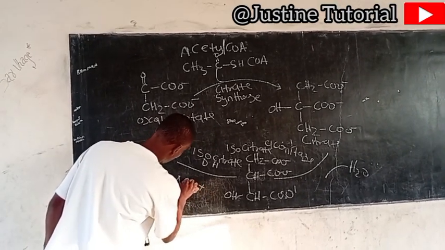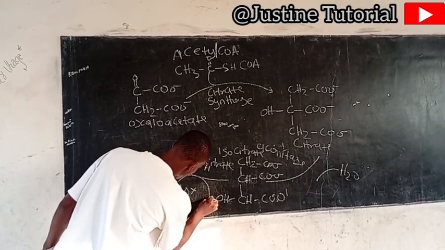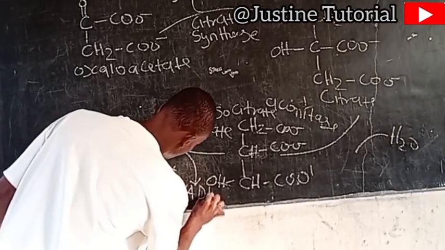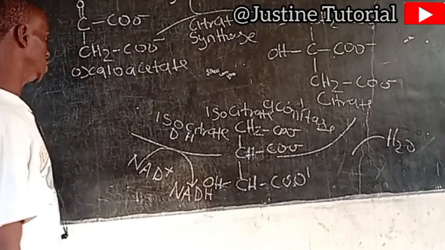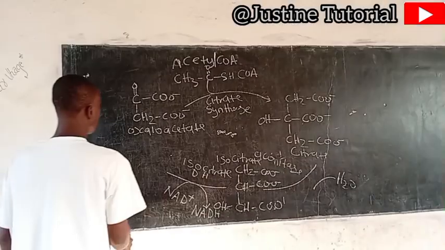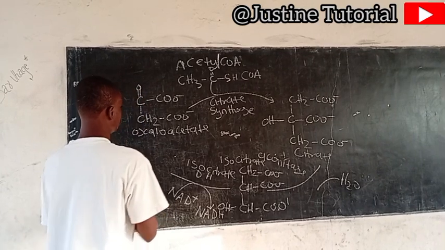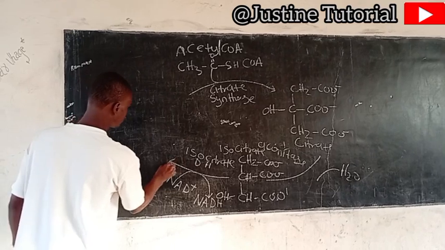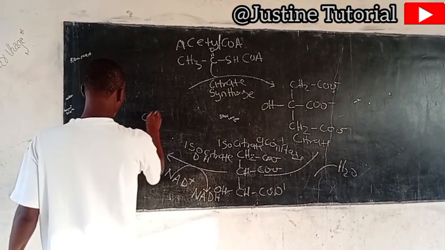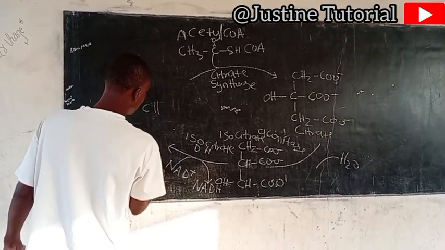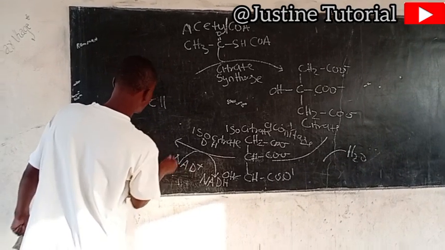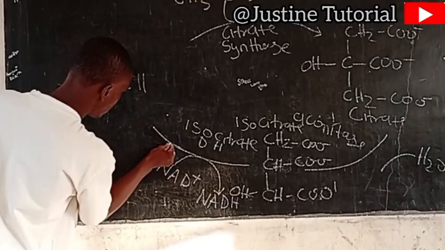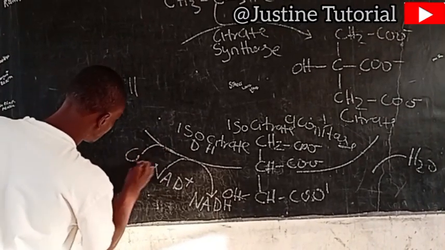NAD positive will come and acquire a hydride, so it comes out as NADH, forming alpha ketoglutarate. And that enzyme will also release a carbon in form of CO2.